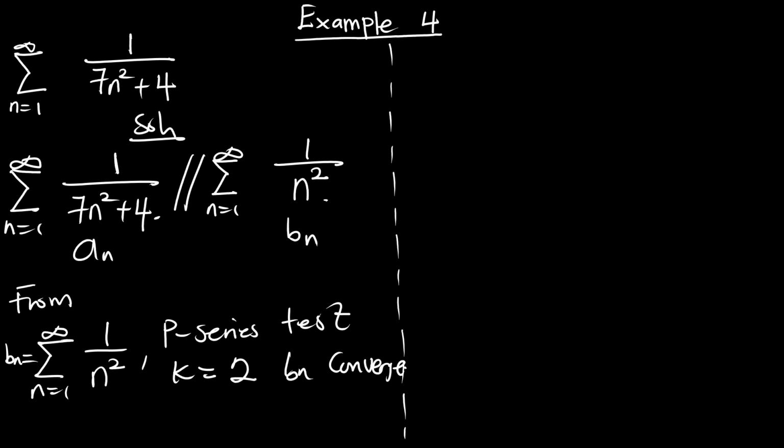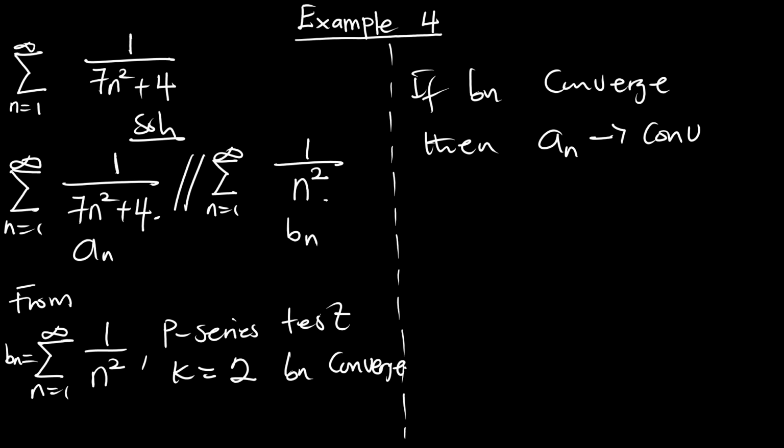If the larger one, Bn, converges, then our An, which is the smaller one, is also going to converge. So the series converges. That's very simple.